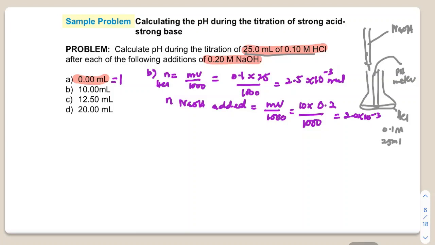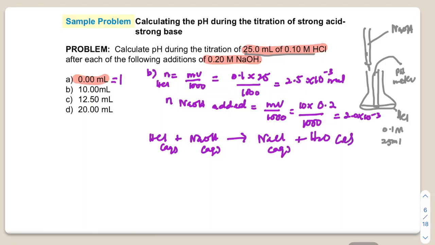And then we have to construct the reaction table. This is a reaction between HCl plus sodium hydroxide turns to NaCl plus H2O. They are aqueous, aqueous, aqueous, liquid.